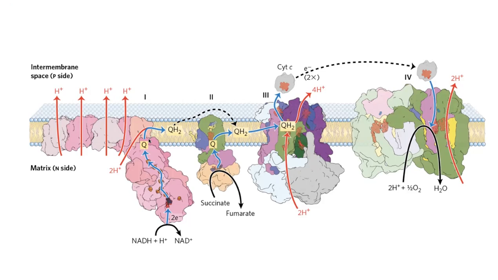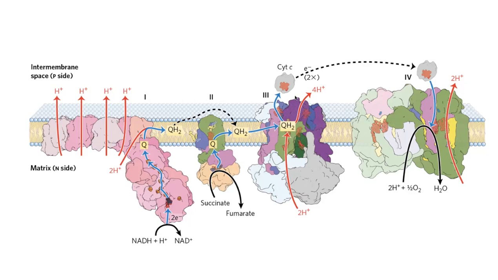We can give electrons to it from things like NADH, which we do in this complex 1, or from things like FAD, which we get indirectly from succinate, which is complex 2. There are also other ways we can get things to Q, and we'll discuss that later. But the role of complex 1 is to get those electrons to Q.